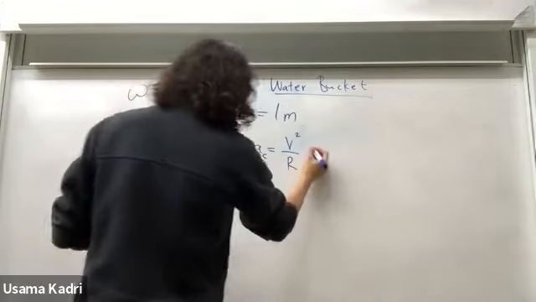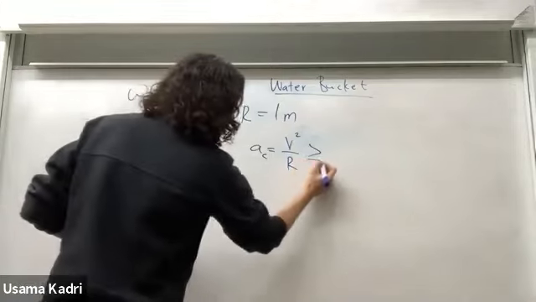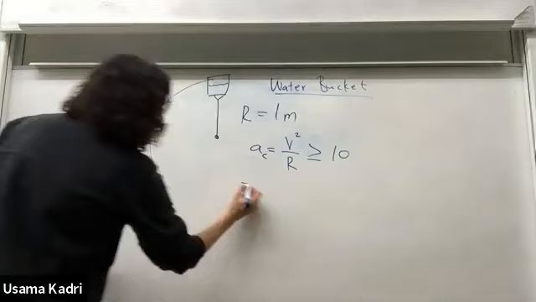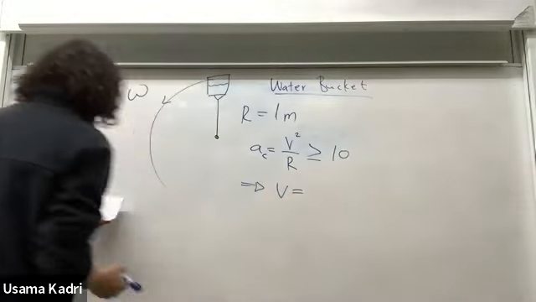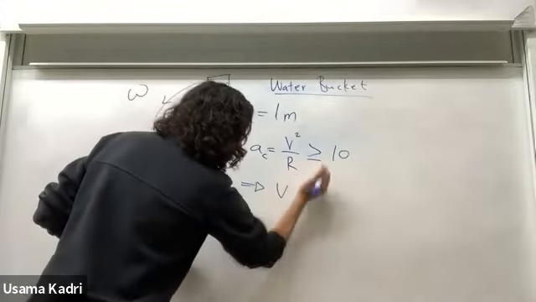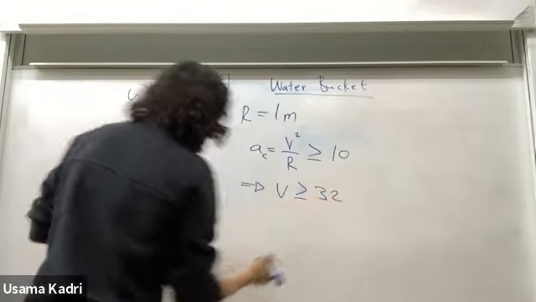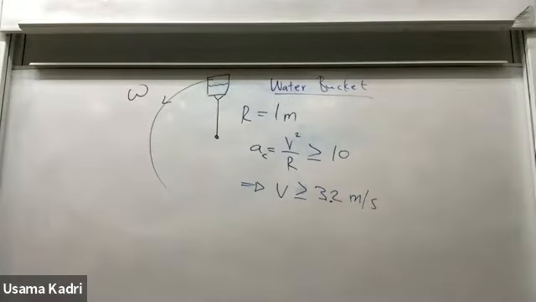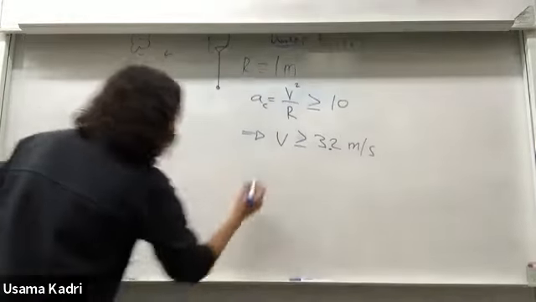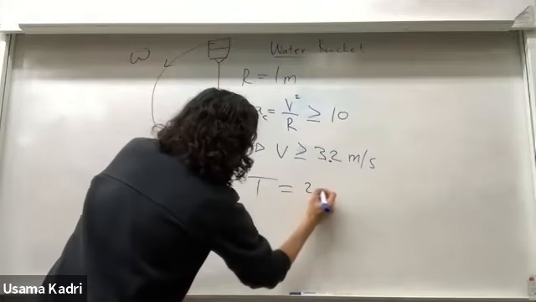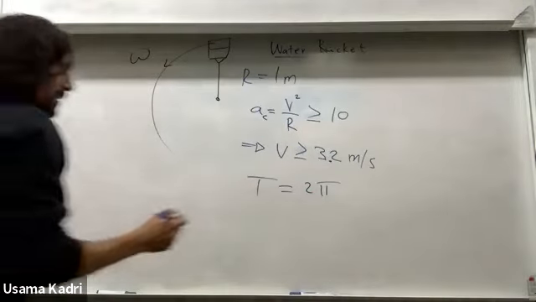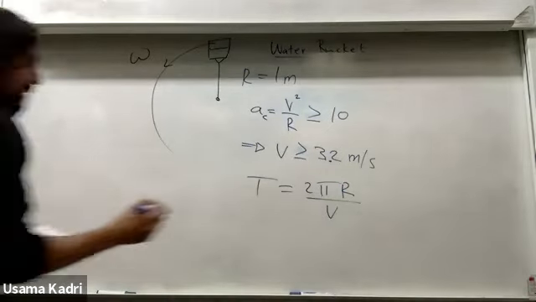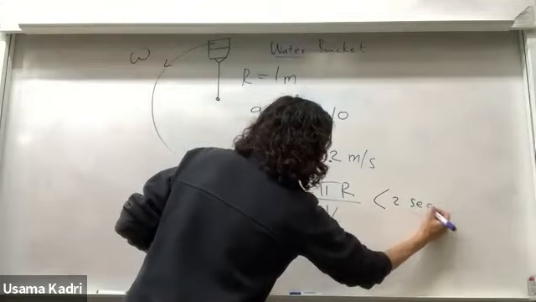The centripetal acceleration to be at least larger or equal to g, 10, which means that the velocity should be larger or equal to 3.2 meters per second. Period. Please verify these calculations at home. We take 2 pi r over v. That should be smaller than 2 seconds.